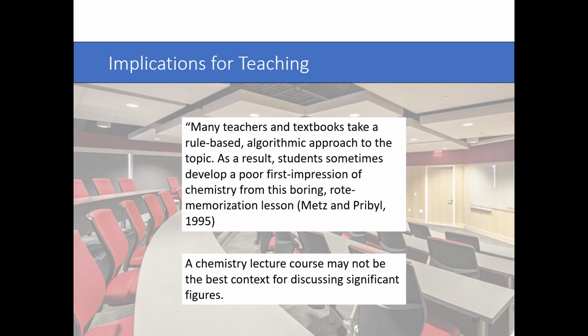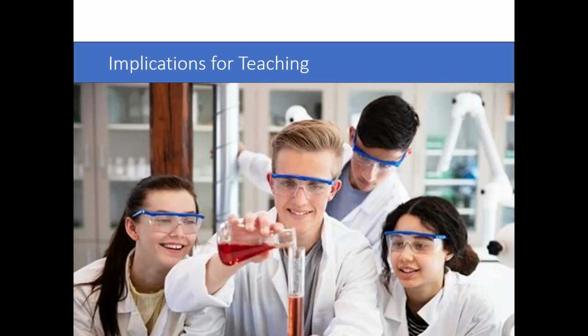To contrast this, lab really is the ideal place to talk about these concepts. In lecture, precision is a bit of an abstract concept, but in lab, where students actually take measurements and actually calculate real results from these measurements, it's not an abstract concept anymore.